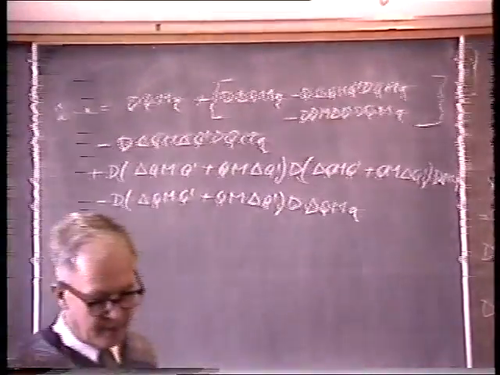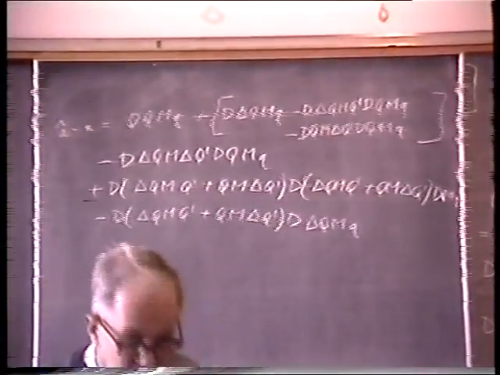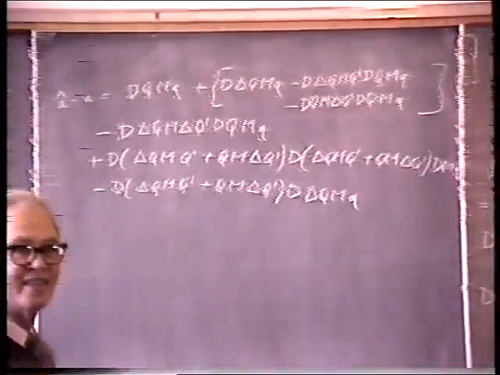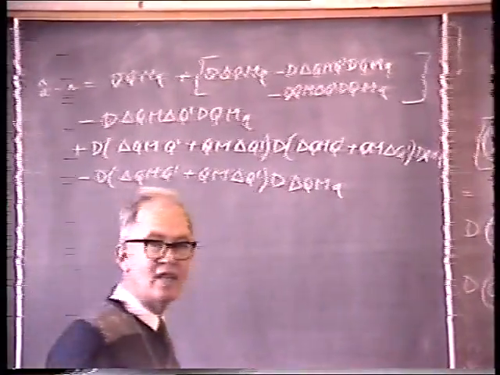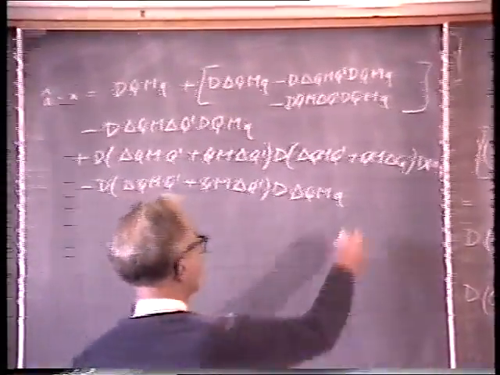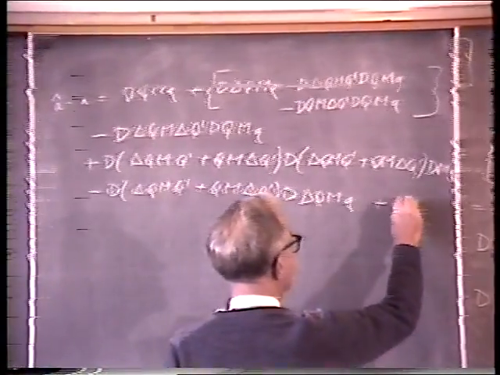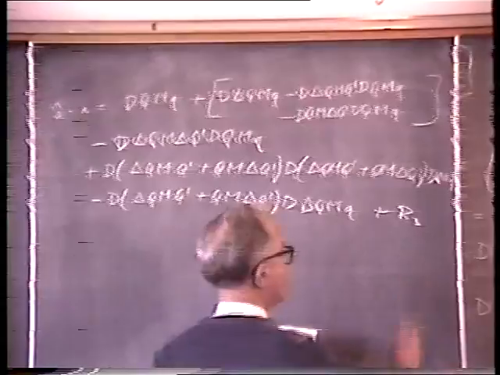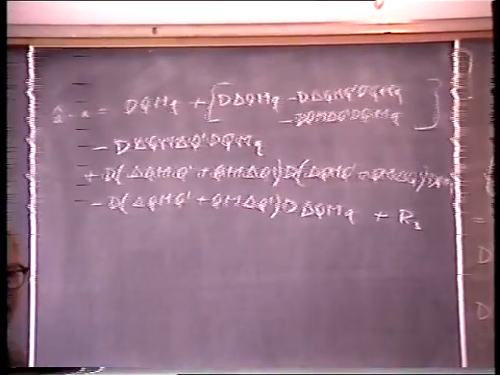And so that's the Taylor series expansion of degree 3 plus a remainder, which, as usual, I'll just write R3.